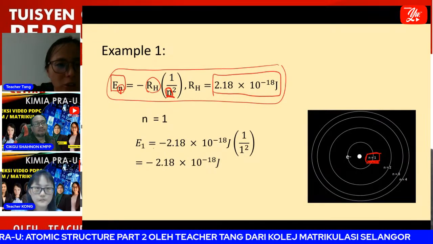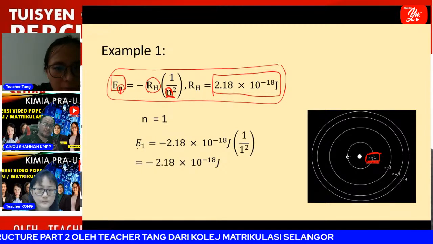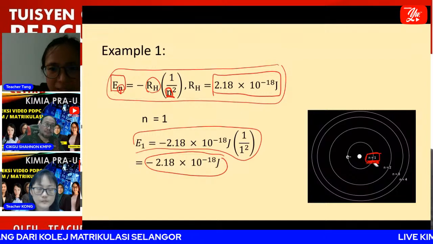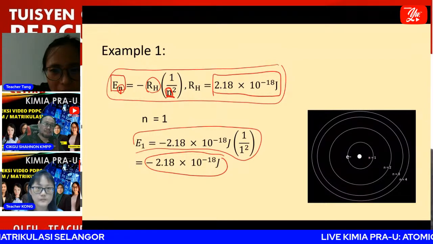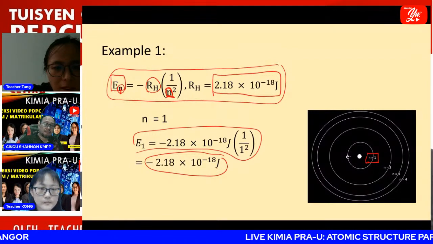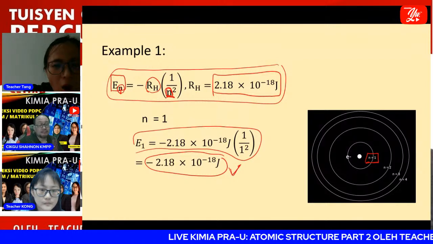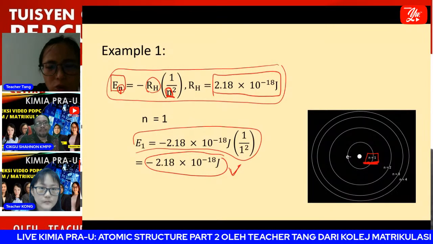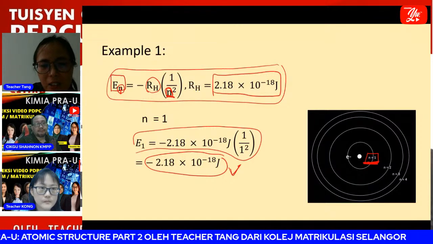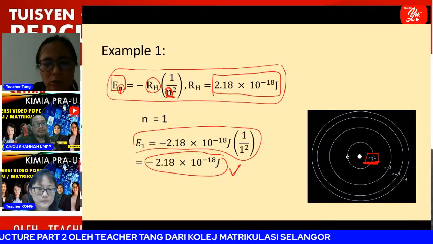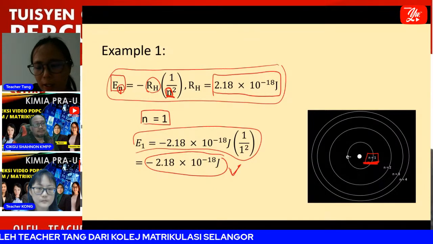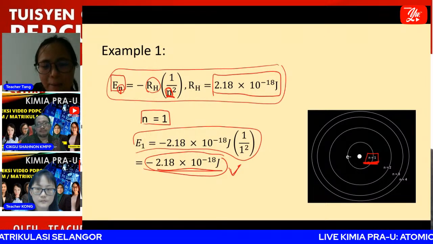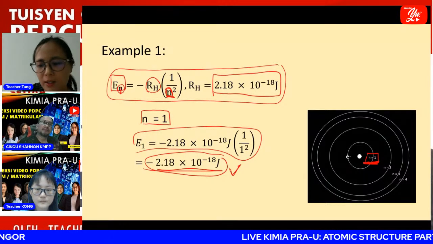Then we just substitute into the equation to get the energy of the electron at the first orbit, energy level n equals 1. This is the energy of the electron at that particular orbit, n equals 1.